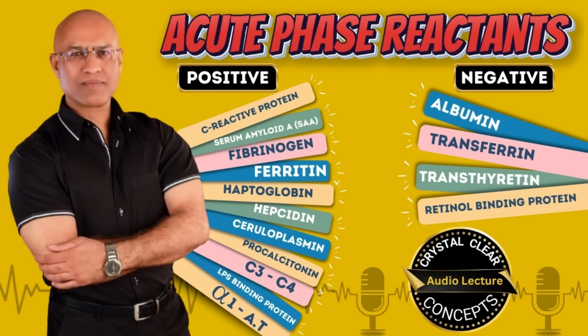when there is damage going on and pro-inflammatory cytokines are released by the innate cells, and hepatocytes are increasing some proteins and decreasing other proteins, there is a purpose in it.